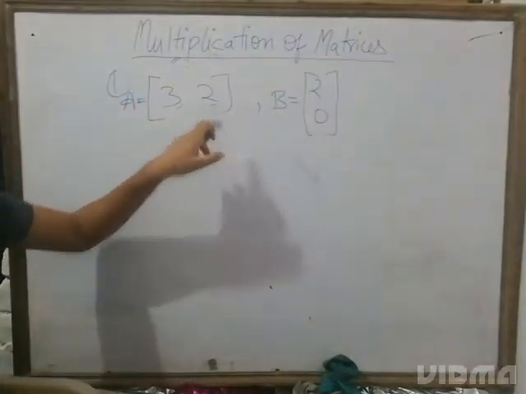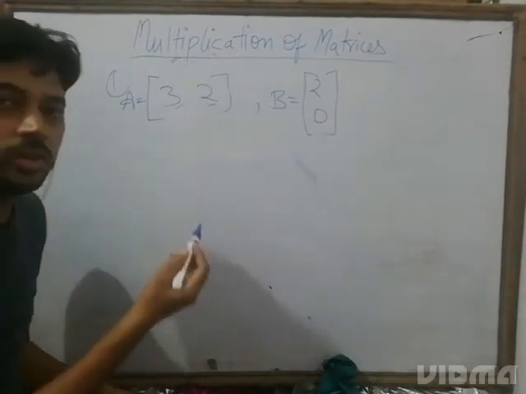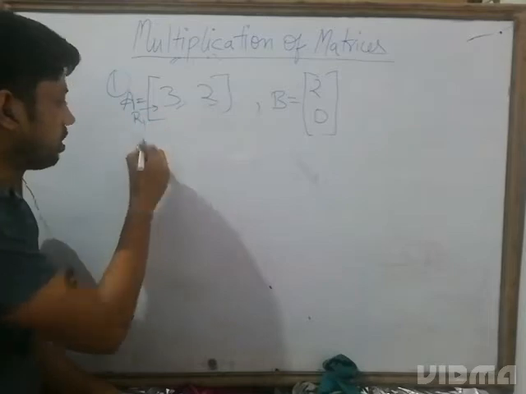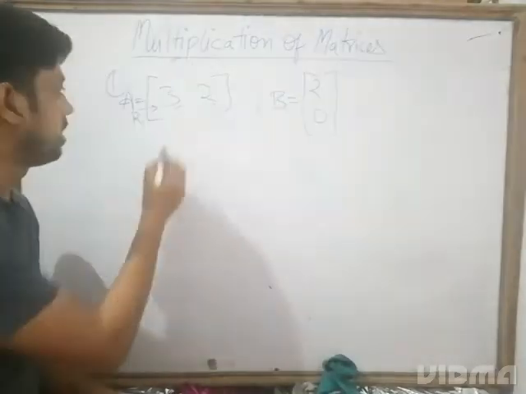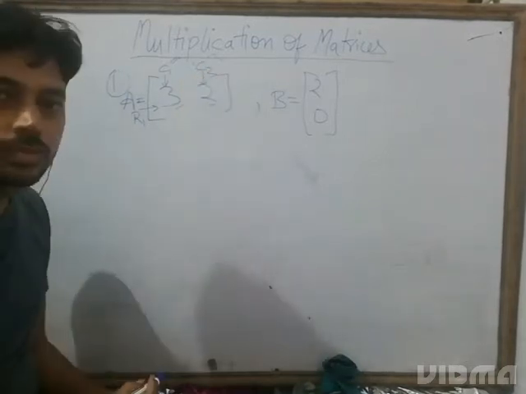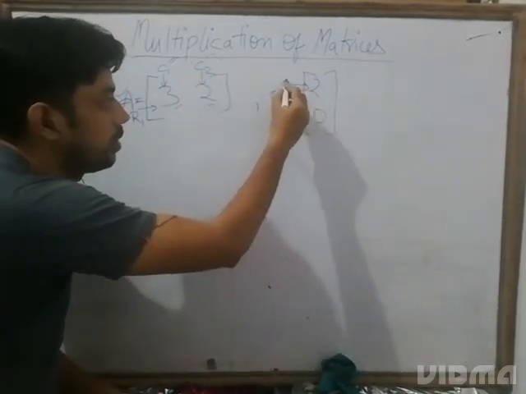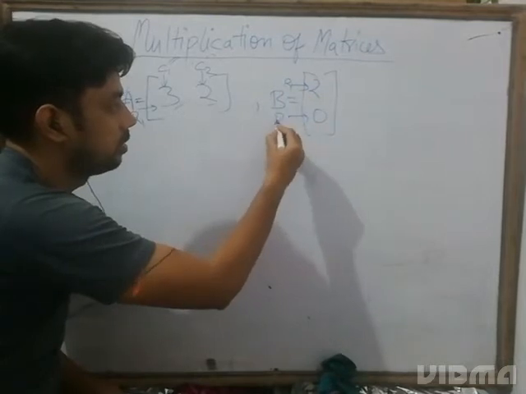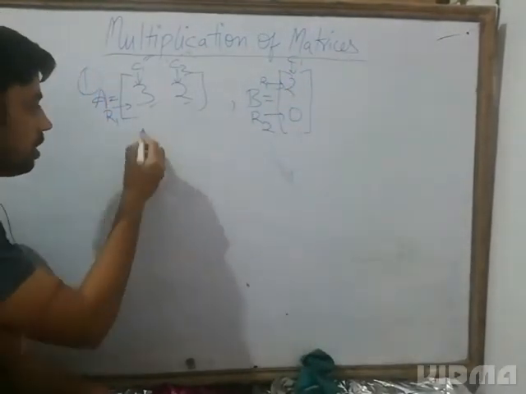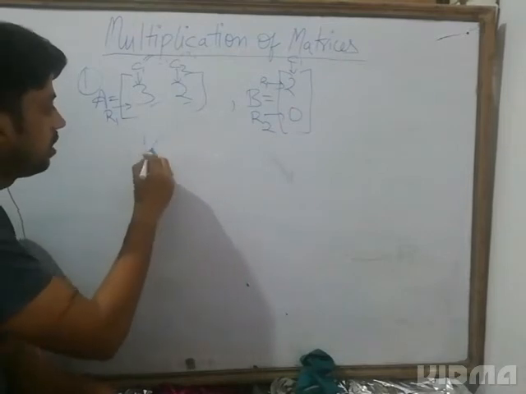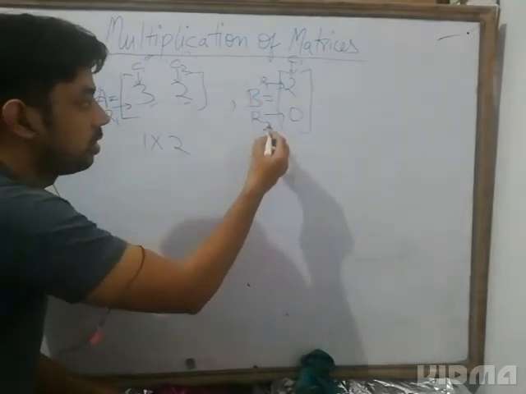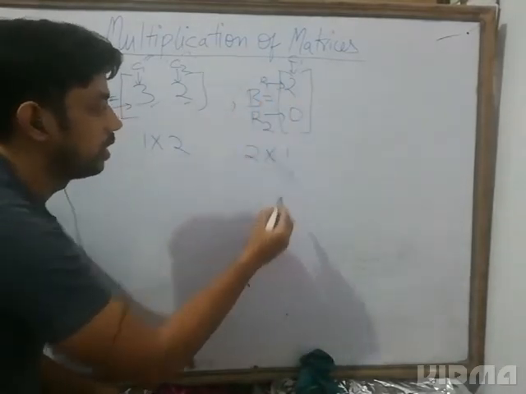These are the elements of the matrix. So what is the role of order in multiplying the matrices? See, the number of rows is 1 and the number of columns is C1 and C2. And here the number of rows is 2 and the number of columns is 1. So the order of A is 1 into 2, and the order of B is 2 into 1.